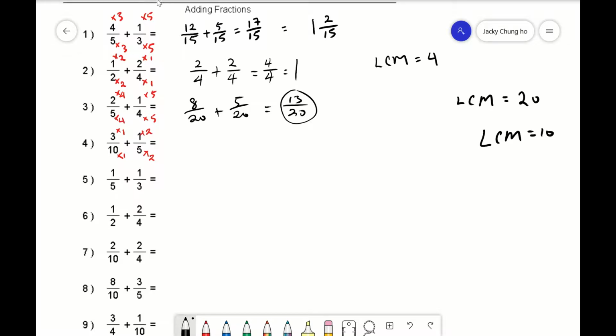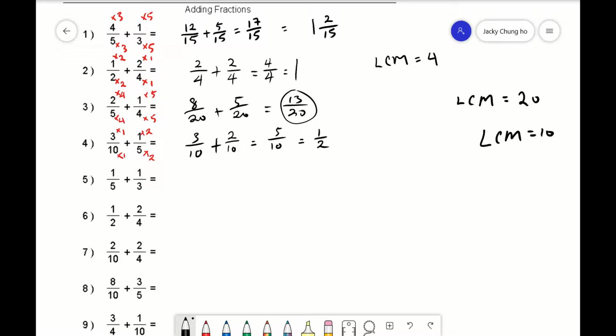So 3 times 1 is 3 over 10, plus 1 times 2 is 2 over 10. Altogether, 3 plus 2 is 5 over 10, which is the same as 1 over 2.